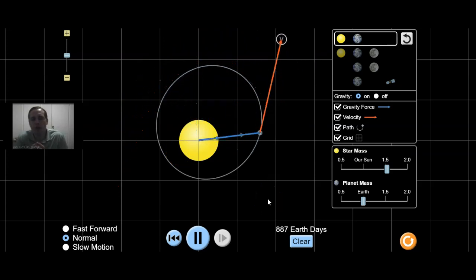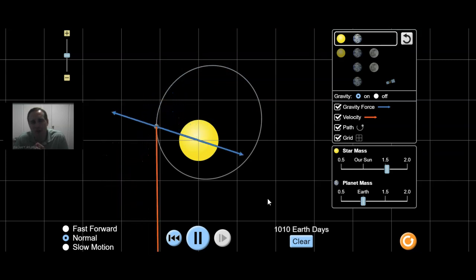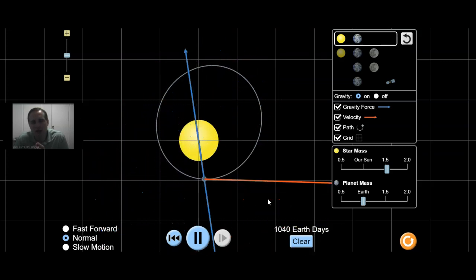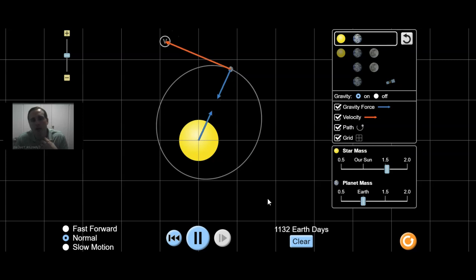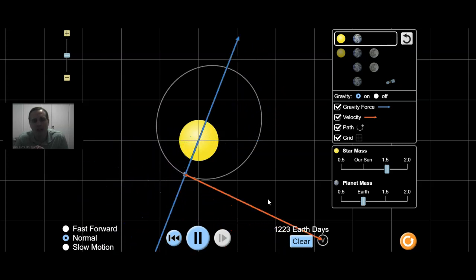So one thing you notice is, now that I've increased the mass of the Sun, if the velocity is large enough that it can still stay in orbit, the Earth is not going to crash into the Sun, it'll just move around the Sun more quickly. That is to say, the velocity of orbit is proportional to the square root of the mass that you orbit around, in this case the Sun.